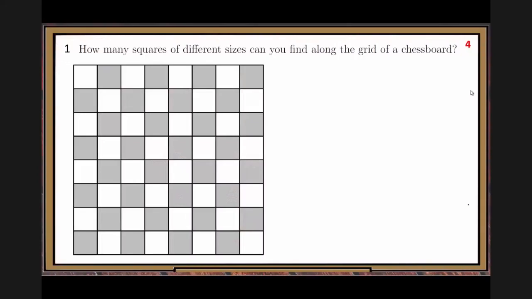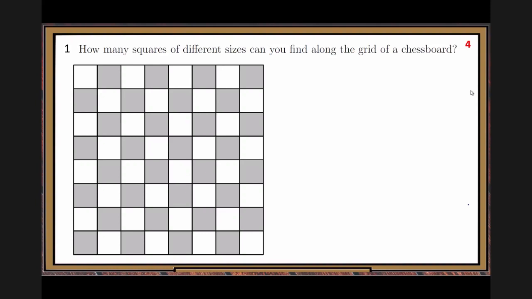First one, in order to explain the typical problem-solving procedure, how to think, let me use this chessboard puzzle question. How many squares of different sizes can you find along the grid of a chessboard?